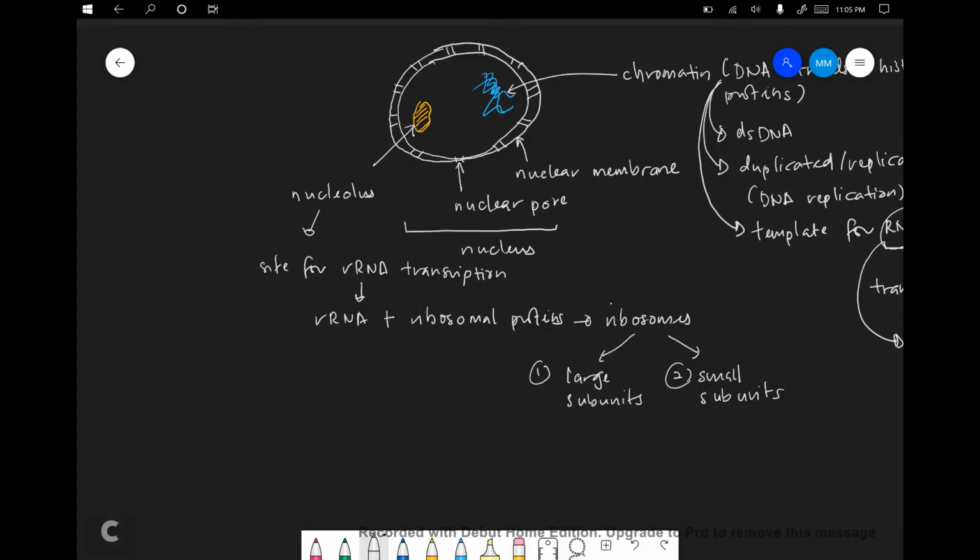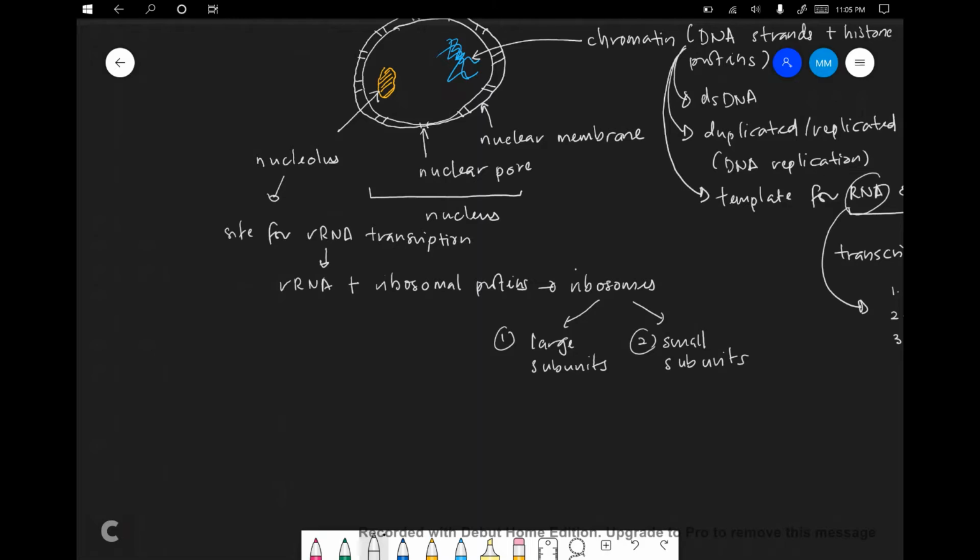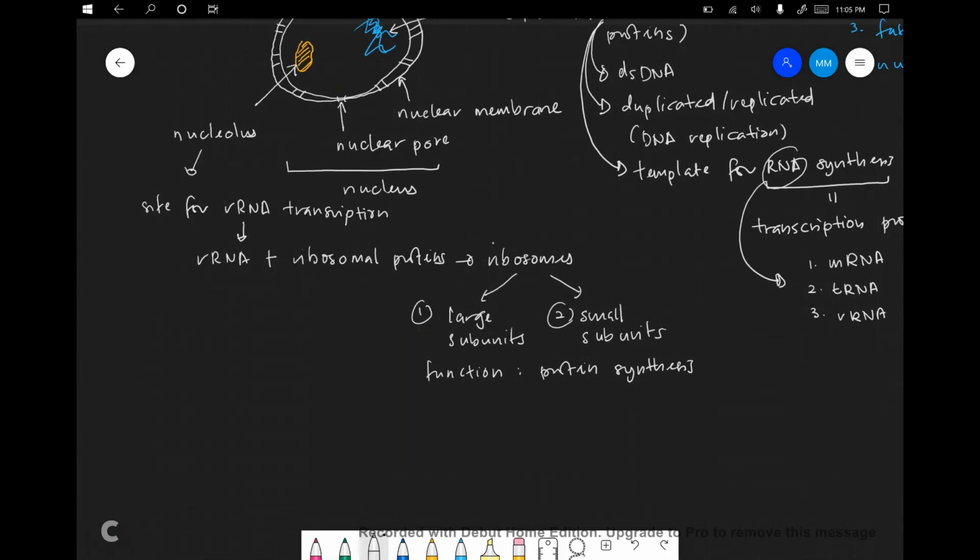So whenever the ribosome, okay, next, what is the function of the ribosomes? So the function of the ribosome is actually to perform protein synthesis, or in a specific term, we call that as translation process.